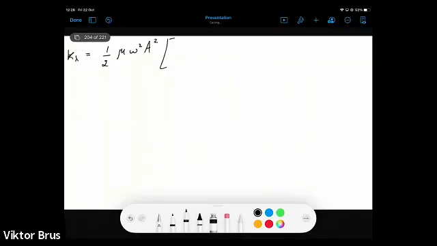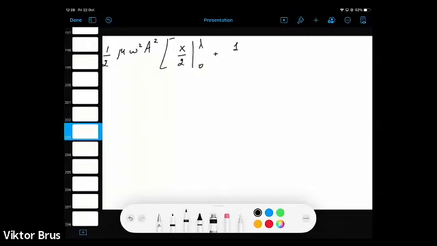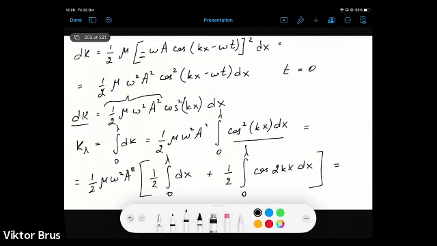Then the first integral will give us x over 2 from 0 to lambda, plus here what we had, if we look back, we have 1/2, and in the argument of the cosine we have 2 times kx and dx.